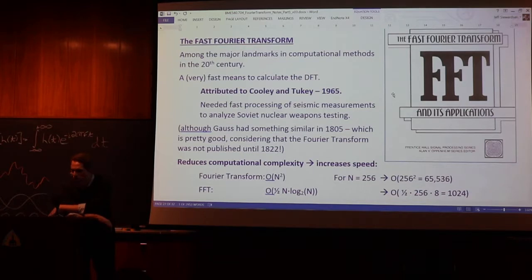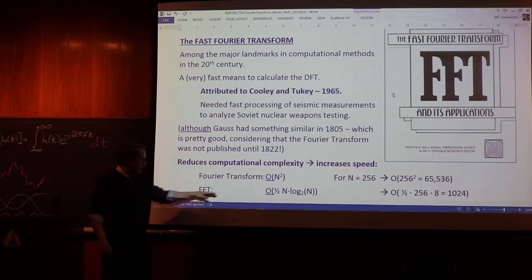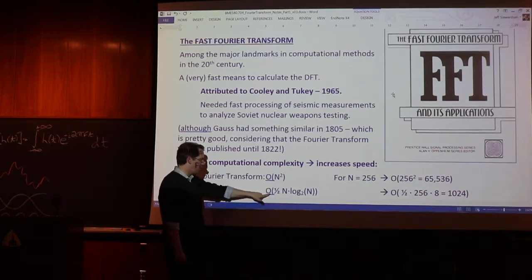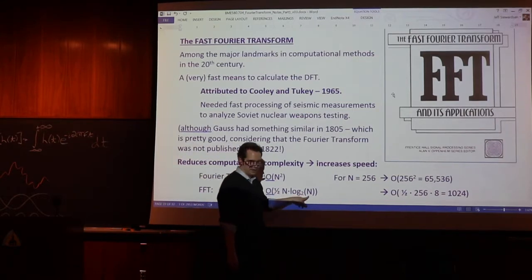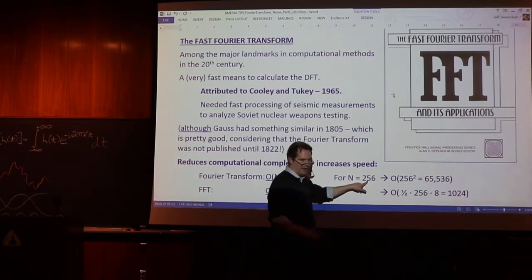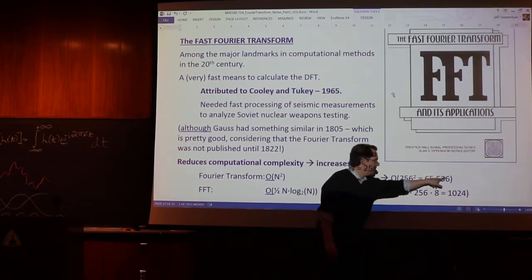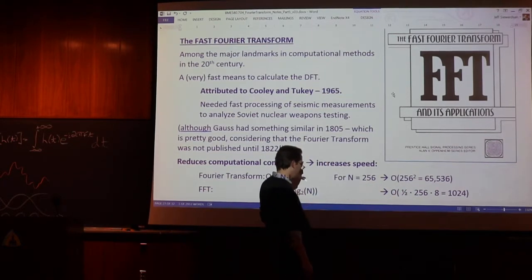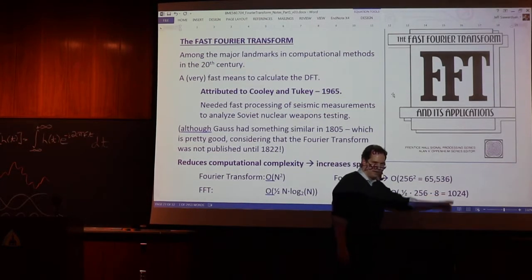The fast Fourier transform sped the computational speed of computing a Fourier transform from order n squared, the discrete Fourier transform, n squared, the number of samples in the signal, to order 1/2 n log base 2 of n. Meaning if I had a signal that was sampled 256 times, right? This is of order 65,000 calculations by way of the FFT, 1024.